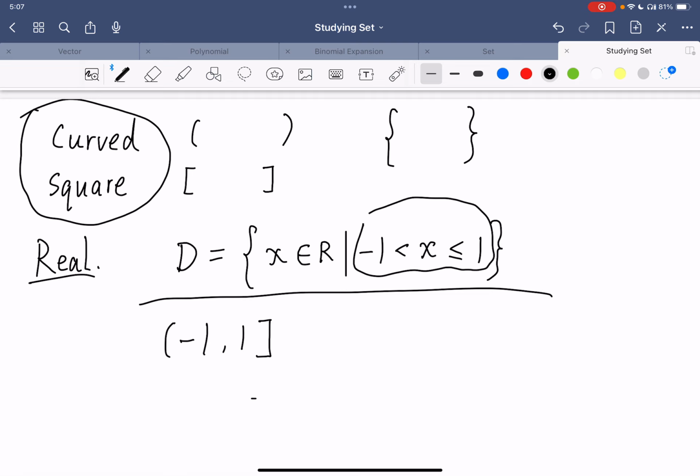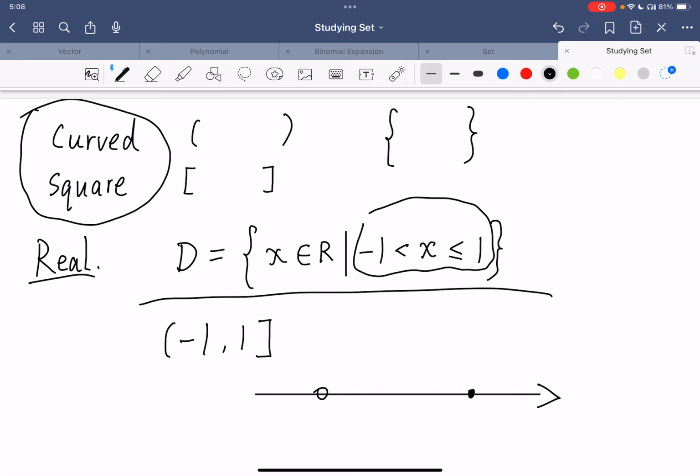And if we draw on the number line, in this case, we need to see this one and this one, as I mentioned before, if both endpoints are part of the interval.